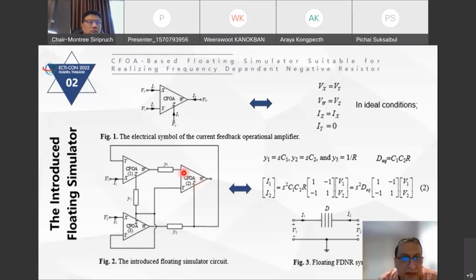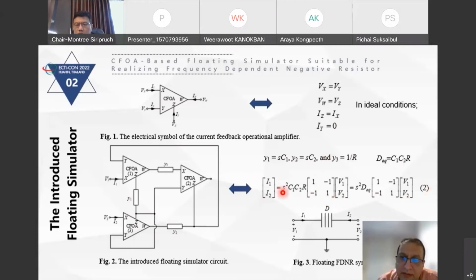Here you can see that 3 CFOAs are employed, and we also need 3 admittances, Y1, Y2, and Y3. We can select different passive elements instead of the admittances. For example, if we use a capacitor instead of Y1, a capacitor instead of Y2, and a resistor instead of Y3, the matrix equation is obtained as given here in equation 2.